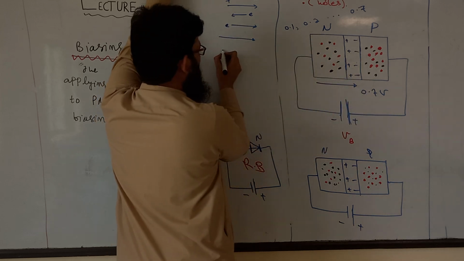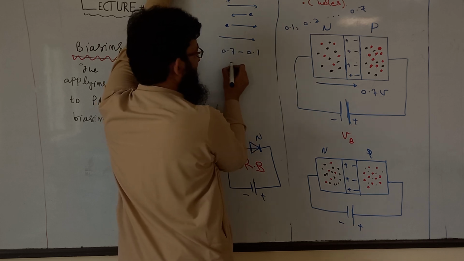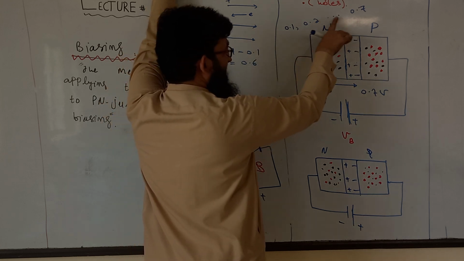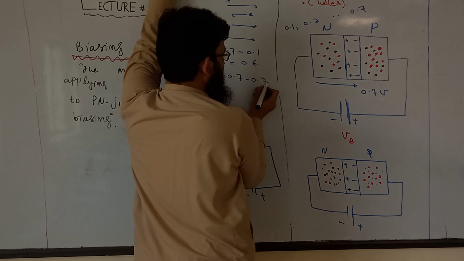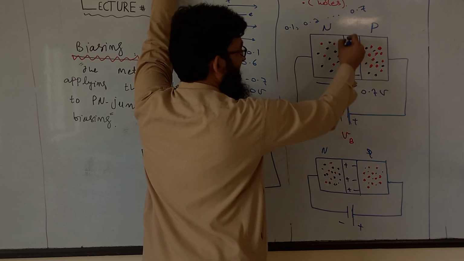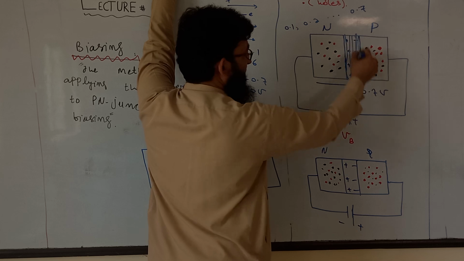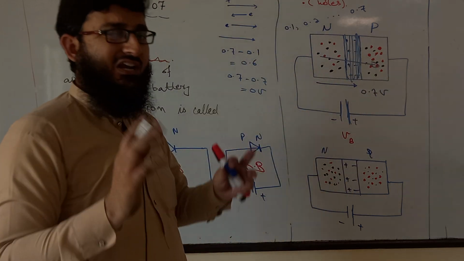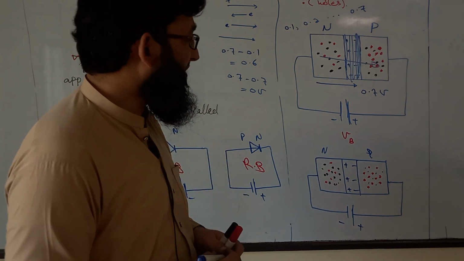If we apply 0.1, then this 0.1 will be subtracted from 0.7 and the net potential barrier will become 0.6. In a similar way it will increase and reach 0.7. If we subtract 0.7 from 0.7, it will become 0 volt. So if we increase the potential in forward biasing, this potential barrier will be reduced and after some time it will vanish and the current will start to flow. And such kind of application of the battery to the p-n junction is called forward biasing.